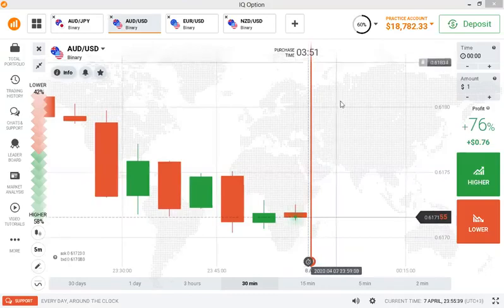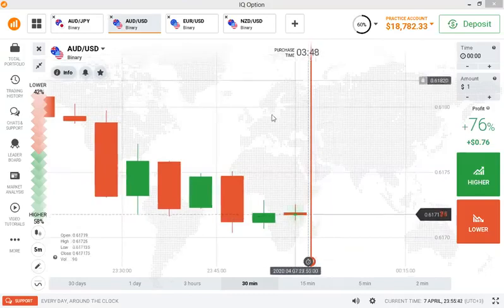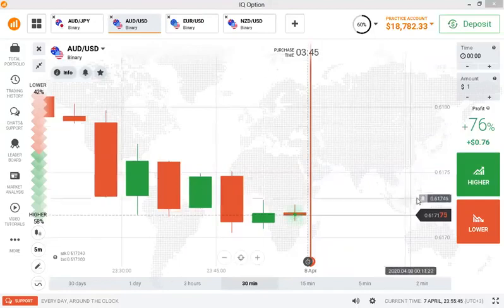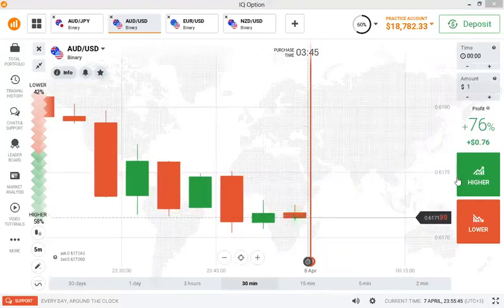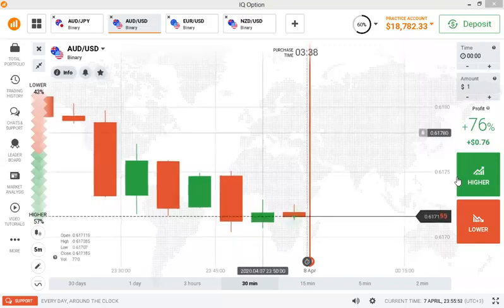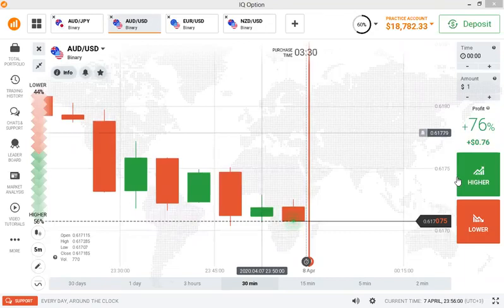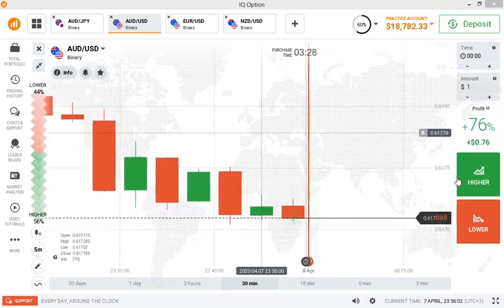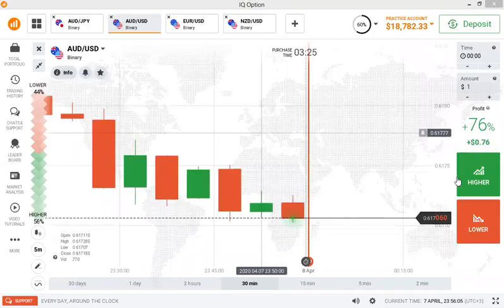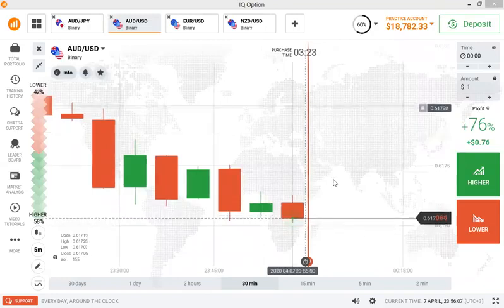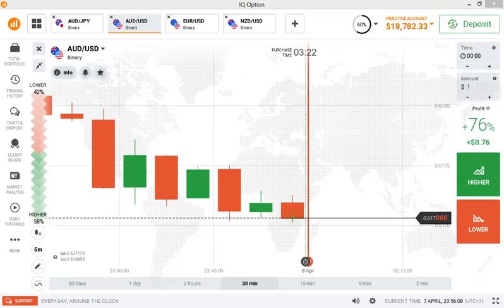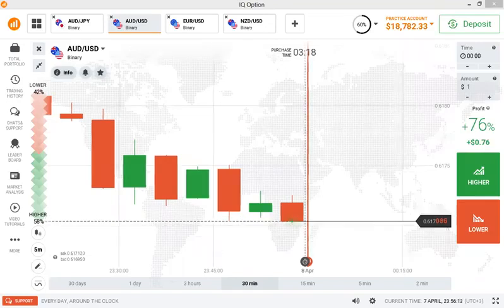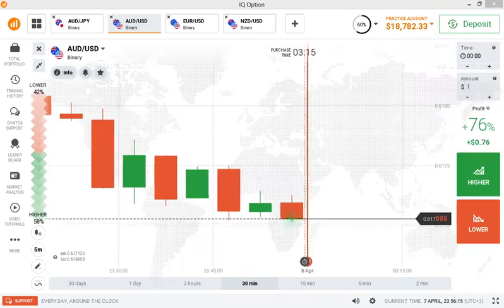So when you see that on the chart, then you can place a trade, either call or put. So you should not just set the time anyhow, because the time itself might confuse you.